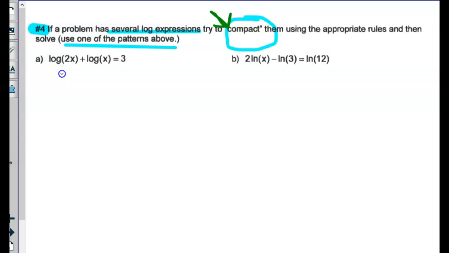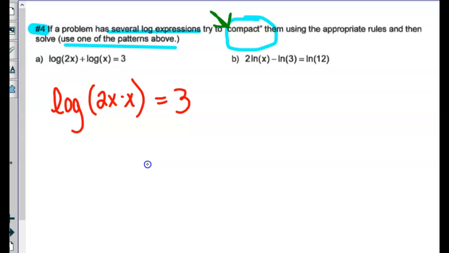Okay, so first of all, how do we combine plus into a single log? Multiply. So this becomes log of 2x times that other x equals 3. Now what? Well, I can simplify that to a 2x squared, but I have a single log, so what do I need to do?